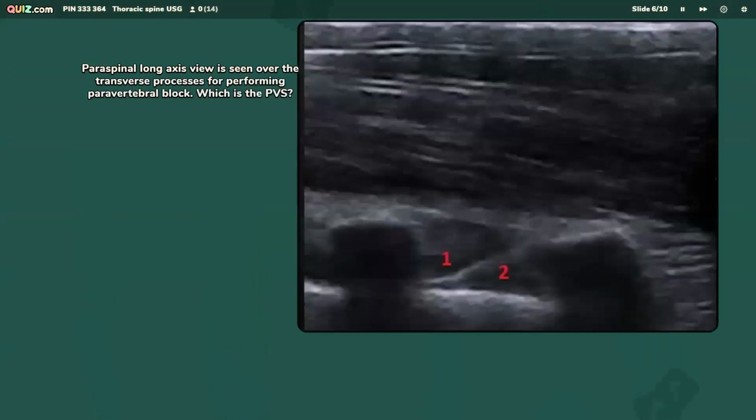Paraspinal long axis view is seen over the transverse processes for performing paravertebral block.